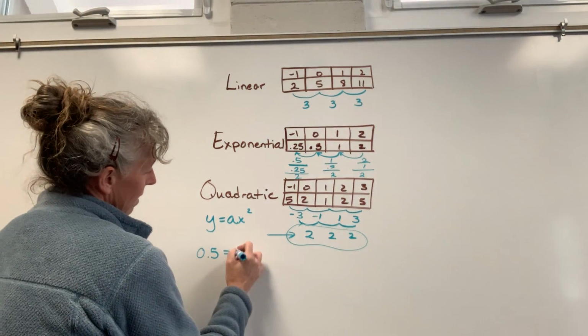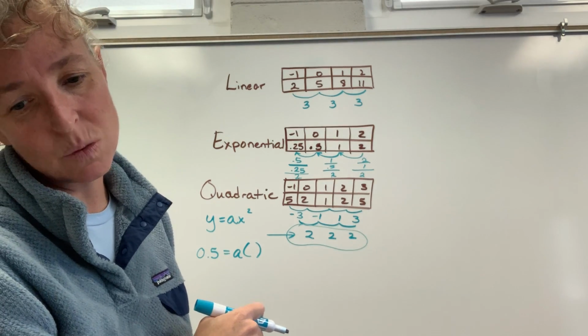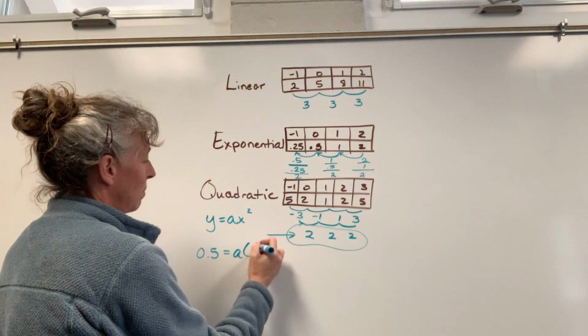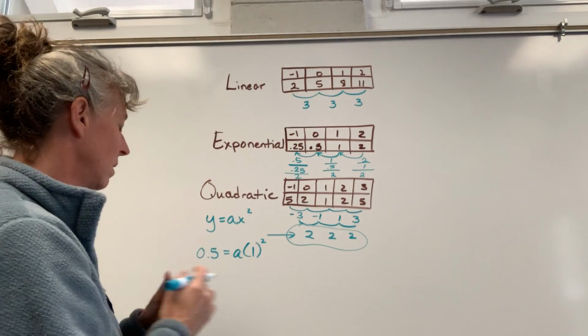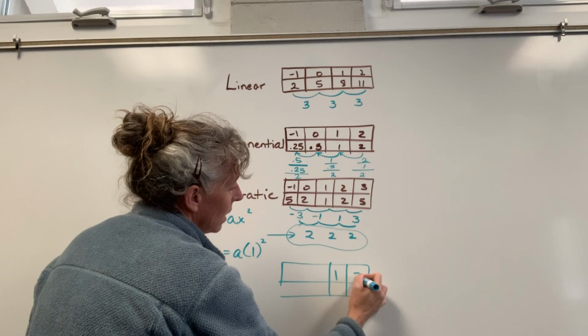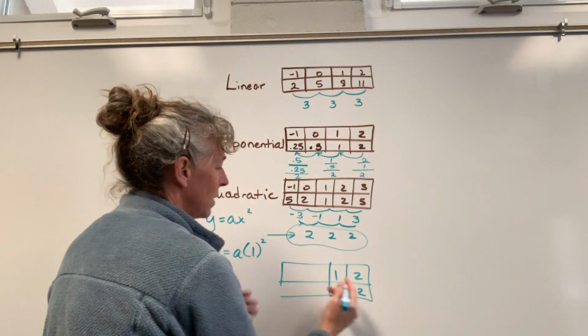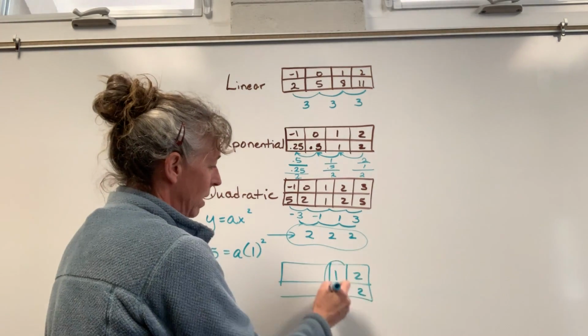Well, we're going to leave our a. Then the x that goes with the 0.5 is 1 in our little table of values there, and we square it, okay? So in the table of values that they have for that example, they had a 1 and a 0.5 right there, and a 2 and a 2, and they had all the rest of this, but they used this ordered pair right here.